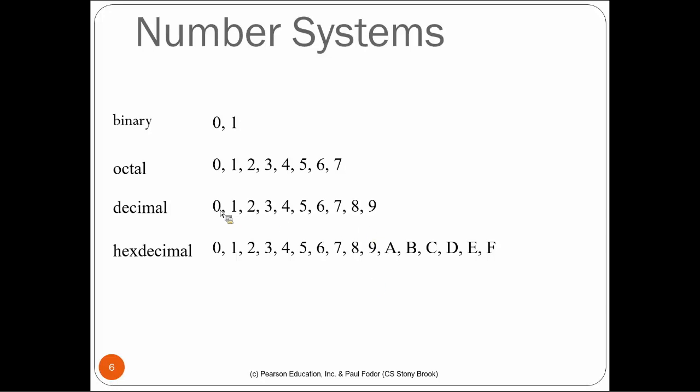For decimal we have 10, digits from 0 to 9. For hexadecimal, a base with 16 digits, it is from 0 to 9, followed by A to F. So in total 16 different digits.